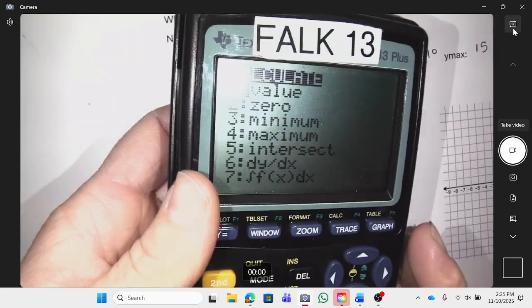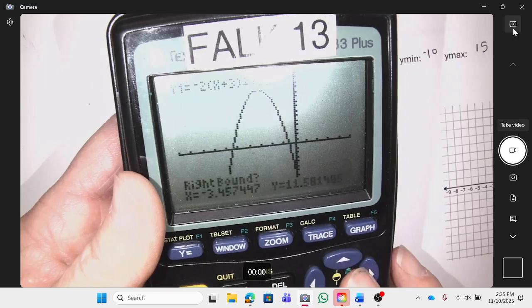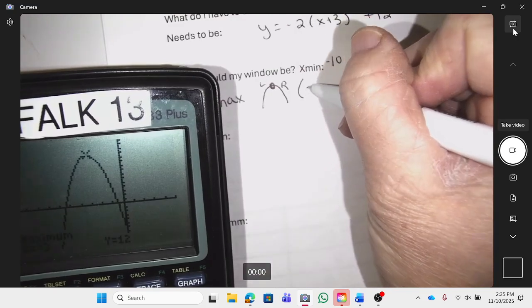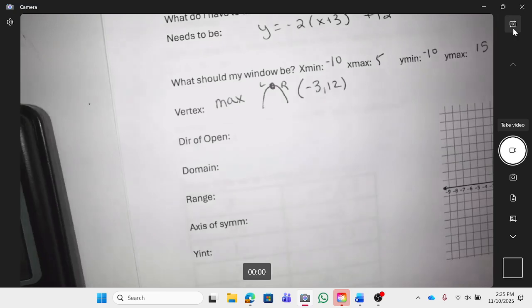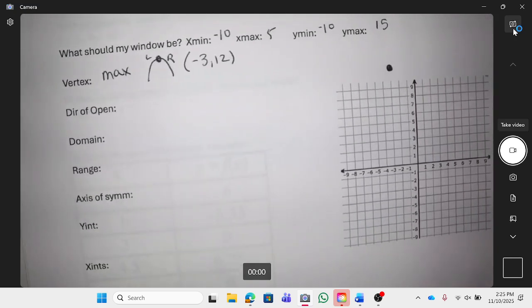Second, calculate, max, left and right. -3, 12 was my finding.